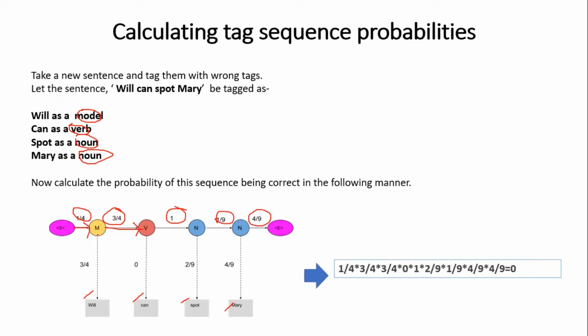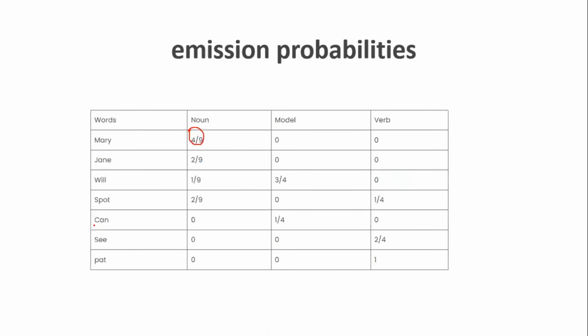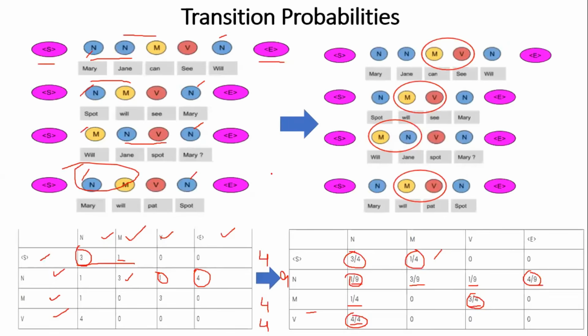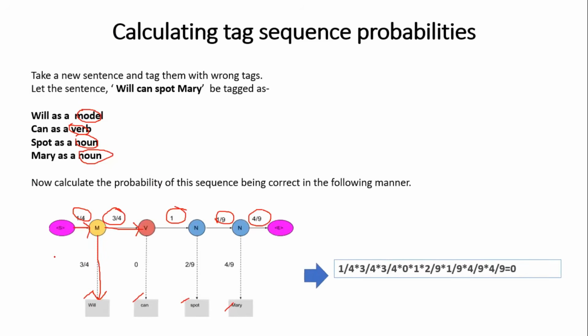Now, these values represent emission probability. That means how many times Will appears as modal. So you can go to the emission probability table and find out how many times Will appears as modal. Here it is, probability is 3 by 4, so enter this value as 3 by 4.